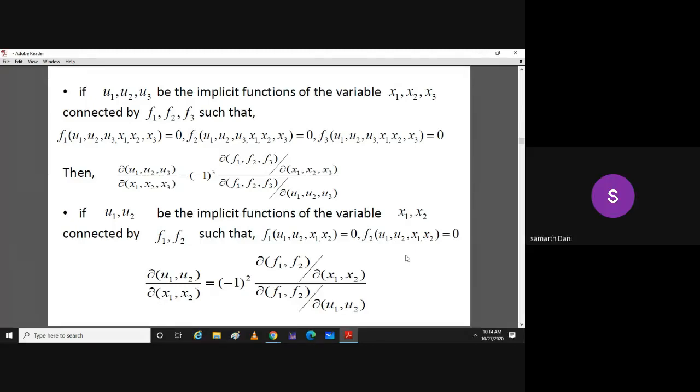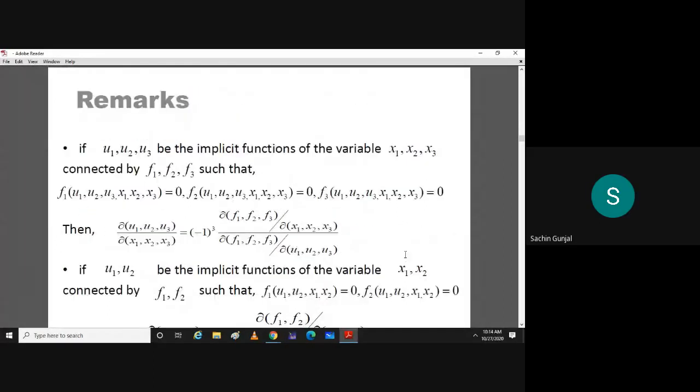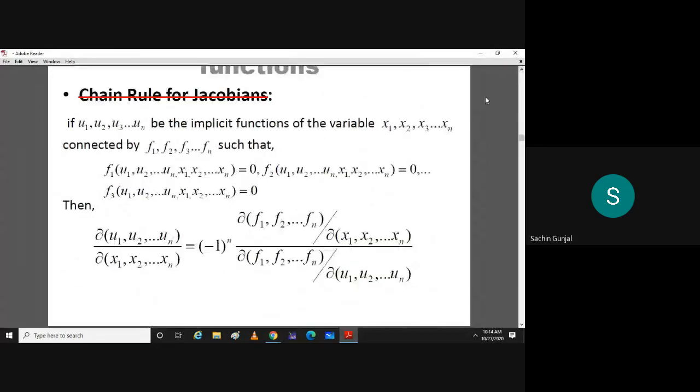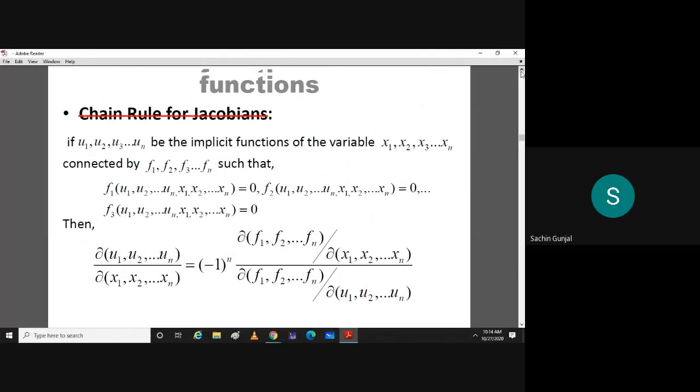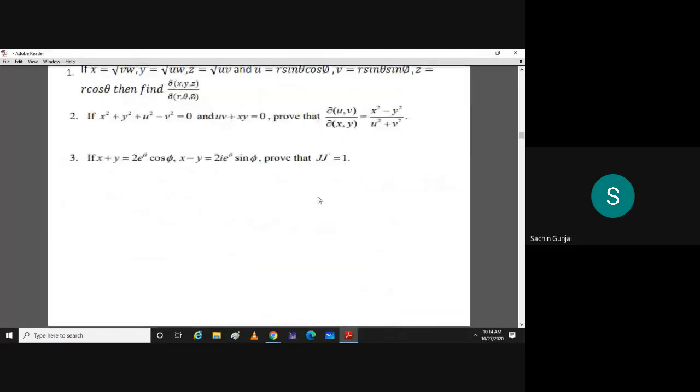Yes, sir. Fine. Now, there was one homework problem I just saw on the previous slide. See this second problem. x square plus y square plus u square minus v square equal to 0 and uv plus xy equal to 0.